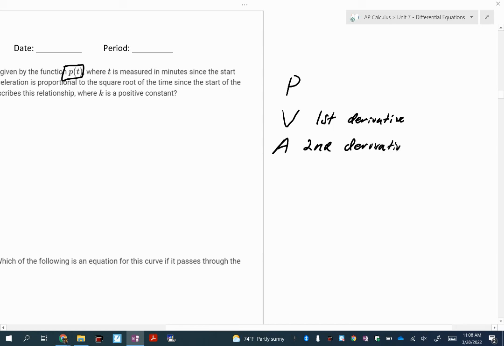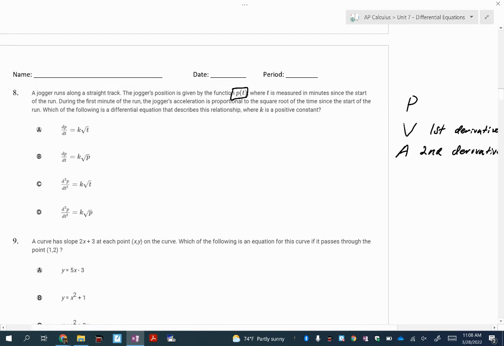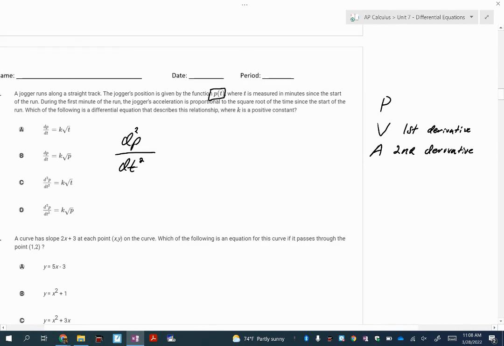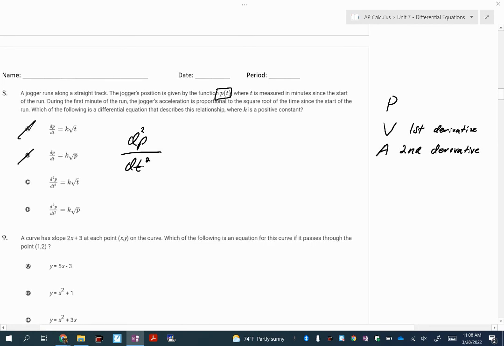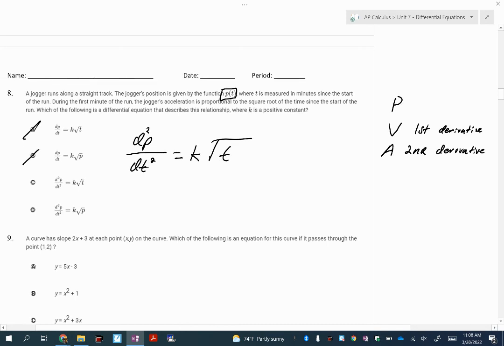So when I'm looking at these answer choices, I'm thinking that I should have the second derivative of P with respect to time. So that rules out A and B. And that's equal to the square root of the time since the start of the run. So square root of t, we have K in front. So number 8 is going to be C.